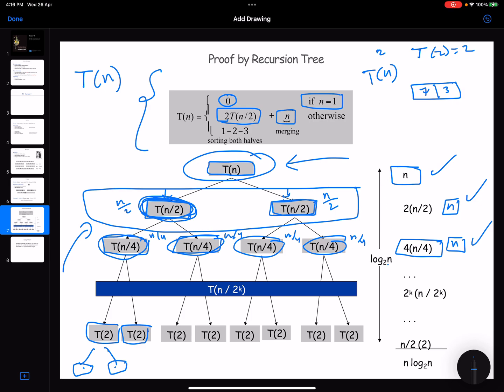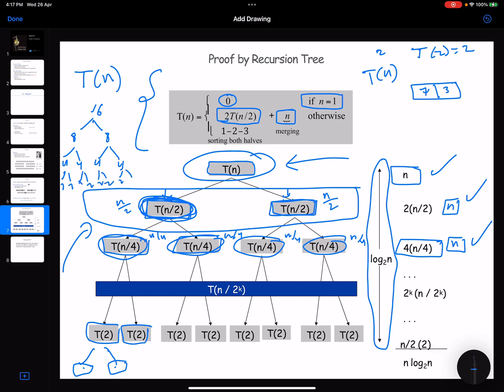Now the question, how many levels do we have? Actually, we have log n to the base 2 levels. Why is that? Imagine we have an array of size 16, n is 16, so you will get 8, 8, and then you will get 4, 4, 4, 4, and then you will get 2, 2, 2, 2, 2, 2, 2, 2.